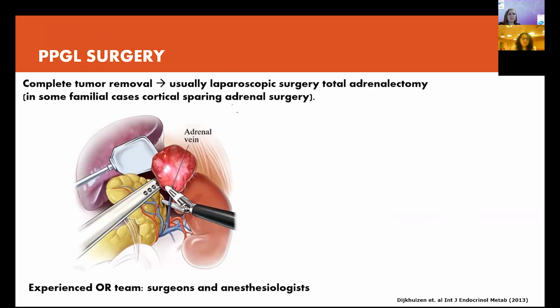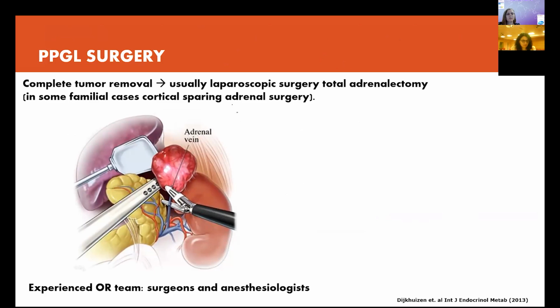Several words about the surgery. The surgery plays a crucial role in treatment of pheochromocytomas and paragangliomas, because most of those tumors can be resected, and whenever those tumors are located and could be resected, they should be resected.